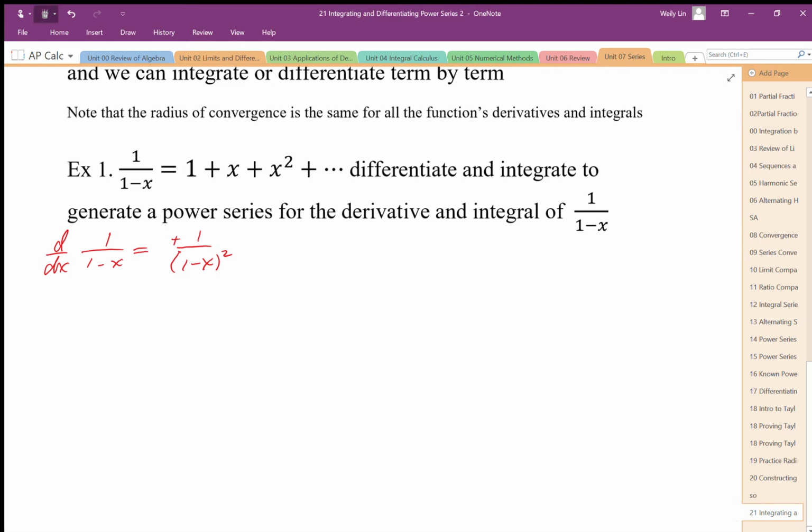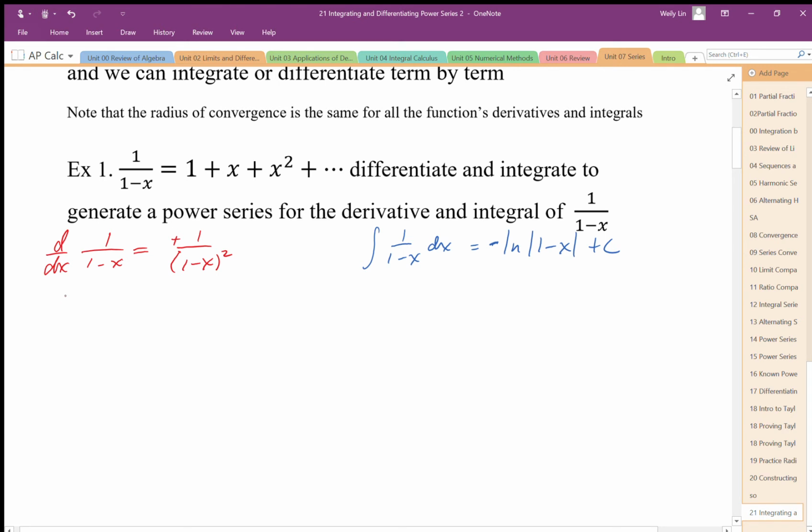And the integral of 1 over 1 minus x dx is going to be log of 1 minus x plus c, and then with the chain rule, I have to have that extra minus in there. Okay, so those are my derivatives and integrals, so I can actually just do this right on the power series.